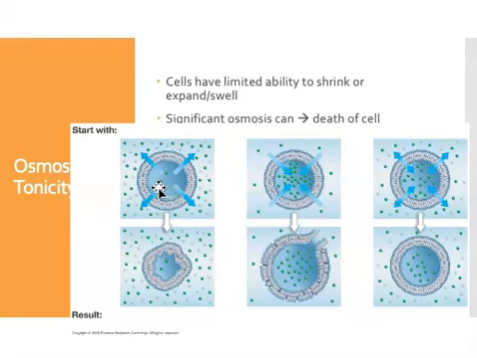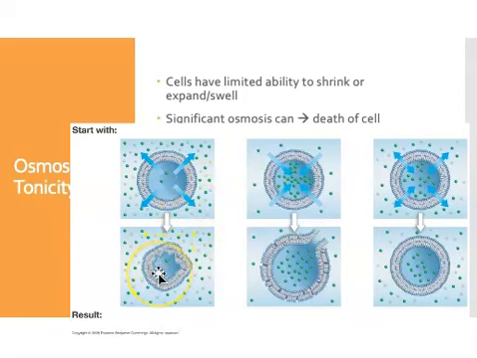The arrows are showing us that the net movement of water is from the inside of the cell, where there are very few green particles, out to the outside of the cell, where there are a lot of green particles. The water is trying to dilute the large concentration of green particles outside the cell.